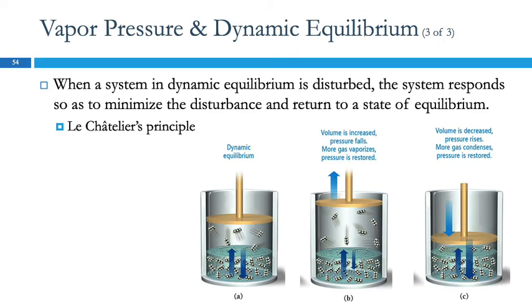And so, again, it will adjust itself until it gets back to the same pressure. And this is known as Le Chatelier's principle, that a system at equilibrium will act to minimize the disturbance. So we've decreased the pressure, it's going to try to increase the pressure. It's going to go back to its original vapor pressure. Any questions?